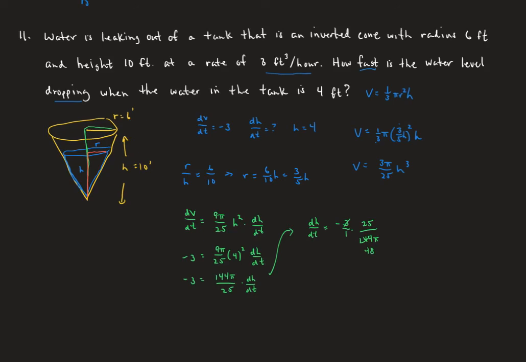I think that's going to be 48. So I think we get our dh/dt is going to be negative 25 over 48 pi, and our units there are going to be in feet per hour. All right, that's a little bit of practice for our final review, for our final exam.